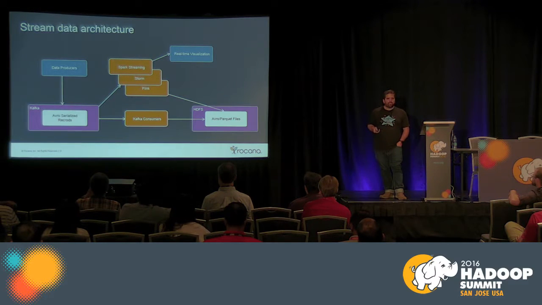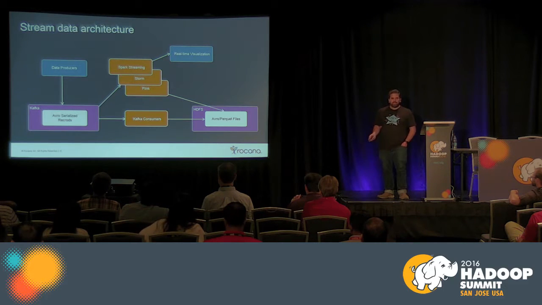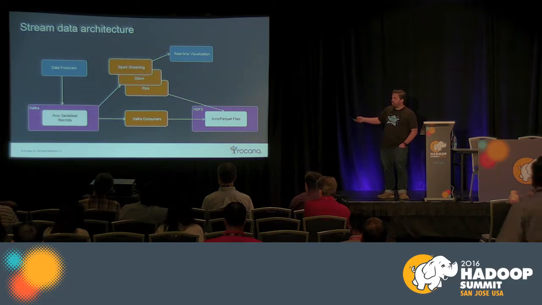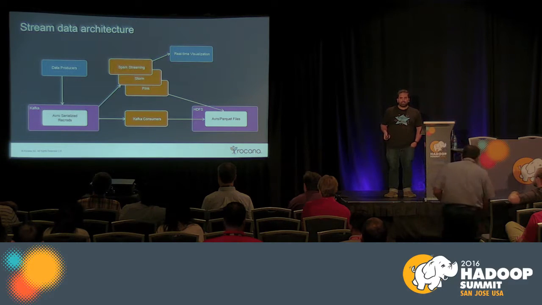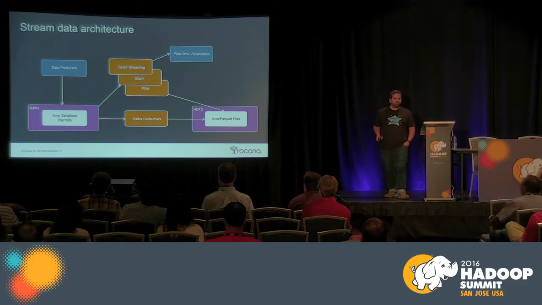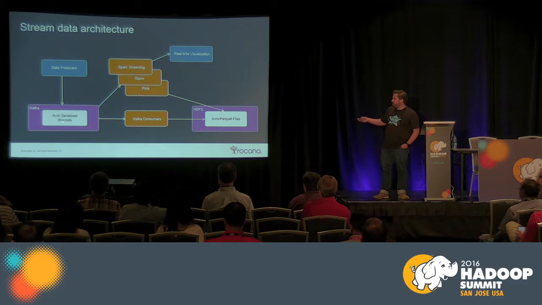If you compare that to a stream processing system, things look relatively similar. The main difference is you've got a system, typically Kafka, but there are others out there, that acts as a publish and subscribe message bus in between your data producers and your data consumers. And in this case, data consumers can read the streams directly out of Kafka rather than having to wait for them to be materialized on disk as files on HDFS.